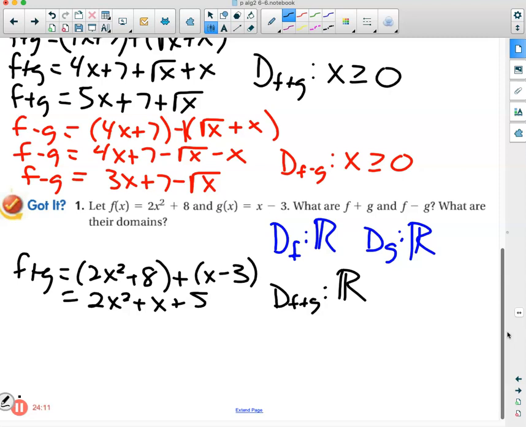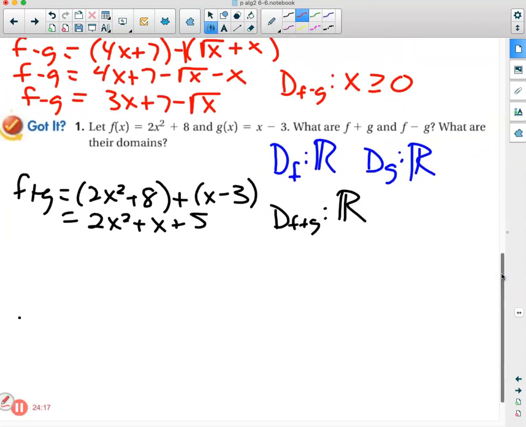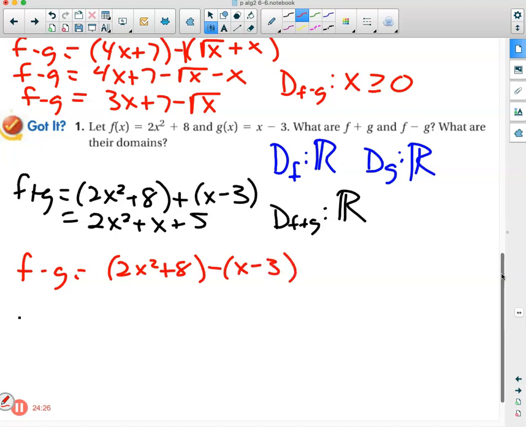Let's try f minus g, and let's not make the most common mistake in mathematics. What is your middle step that's going to make sure that you don't miss this one? Yeah, just don't forget to do that. It just happens way too often.